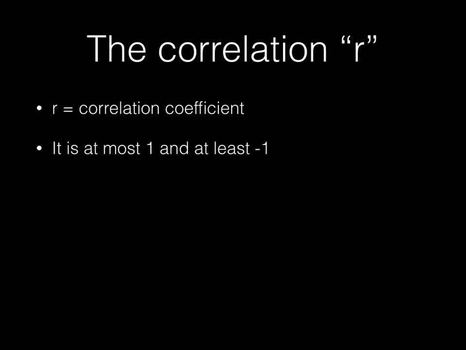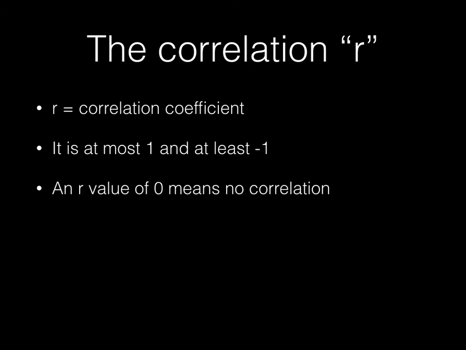Now, because correlations are statistics and statistics are math, we have variables for correlations. The main variable that you need to know is called R, which is a correlation coefficient. R is always between +1 and -1. An R of 0 means no correlation. If you think about it, we talked about positive correlations, negative correlations, and no correlations.